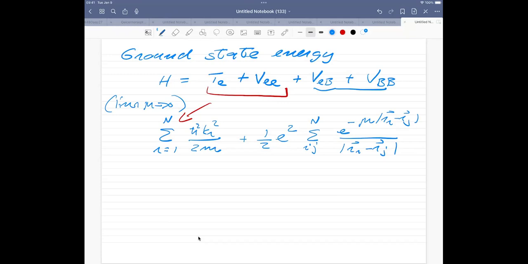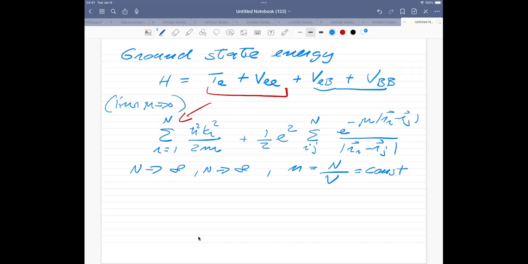In order to make these integrals well-defined, we are going to look at the limit of N goes to infinity and the volume goes to infinity. We're going to make an assumption that we take first these two limits. This ratio, the density of particles, N divided by the volume, is assumed to be constant.